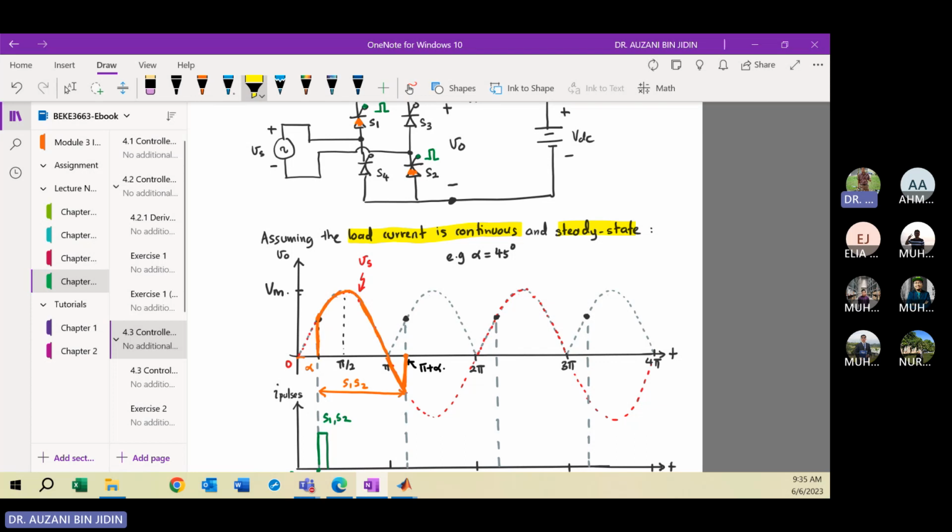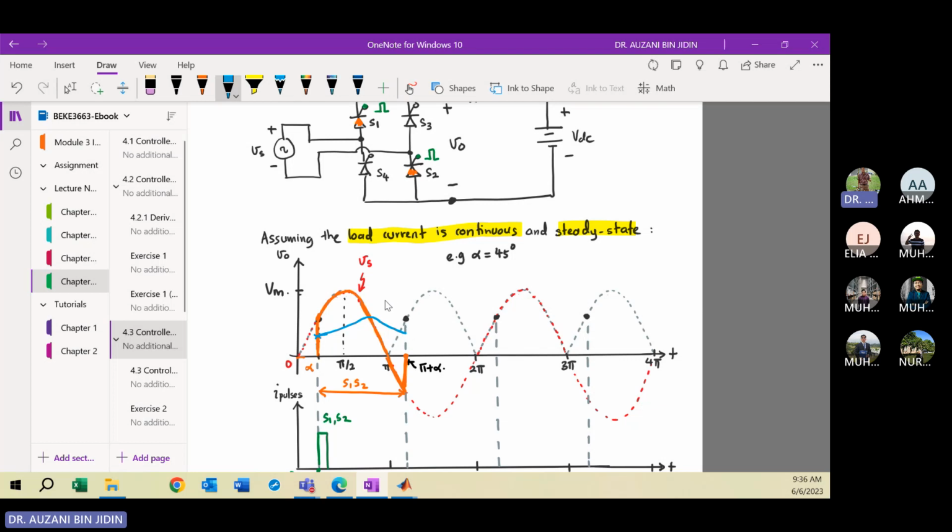Maybe I use blue color. When S1 and S2 are turned on, your current starts to build up at this point, so it will be charged. Then when your source voltage reduces to 0 and goes negative, the current will be discharged to this point.